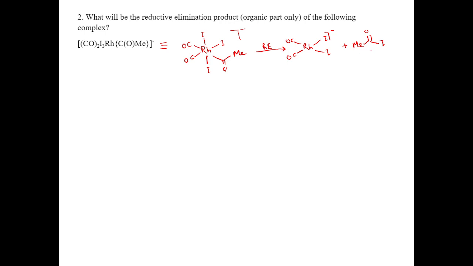And if you do further hydrolysis, if you do the workup with this, then you will get acetic acid. So this is basically a reaction called the Monsanto acetic acid synthesis process.